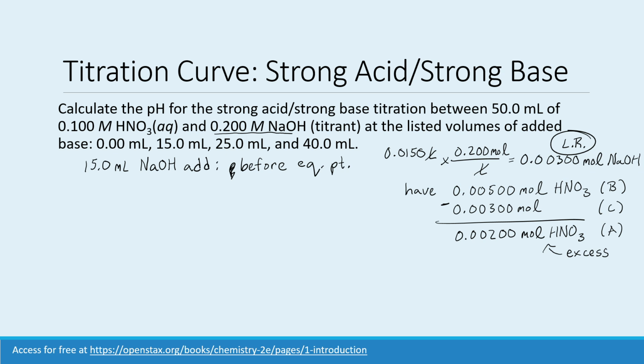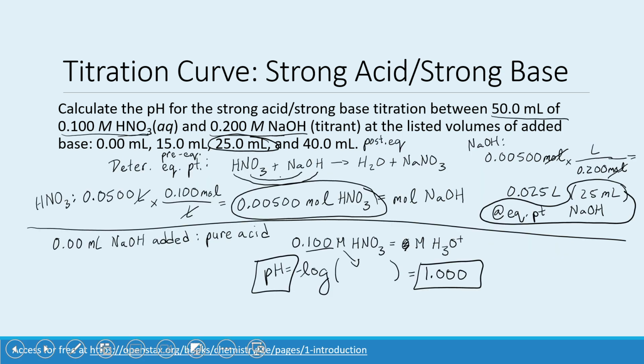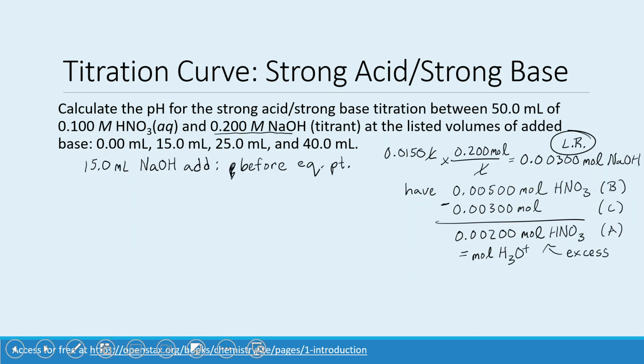And of course, we've already found out, because it's a strong acid, the moles of that strong acid will also be equal to the moles of the hydronium ion. And so again, we can use that in order to calculate the pH. But the issue is, before, in the first example, we had the concentration already in molarity.